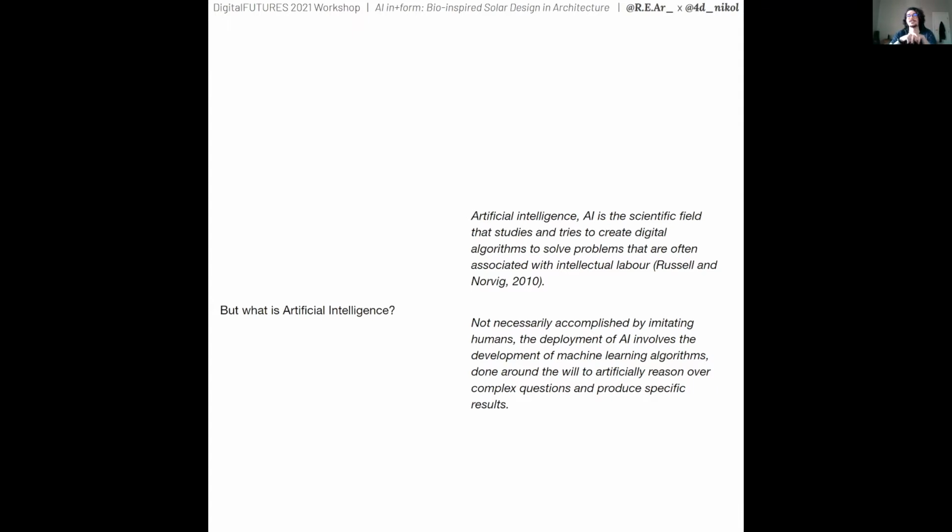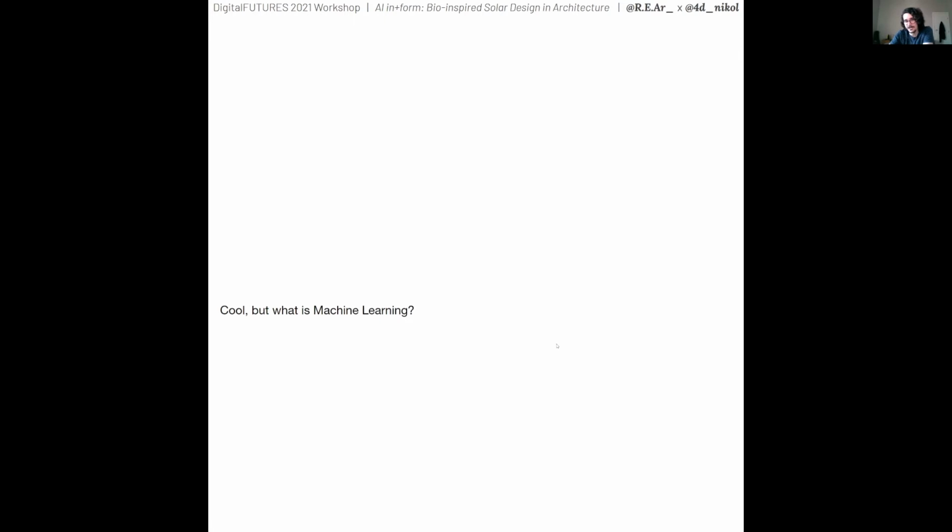And it's not necessarily accomplished by imitating humans. AI involves machine learning, involves cellular automata, and other concepts that are used inside the scientific field.